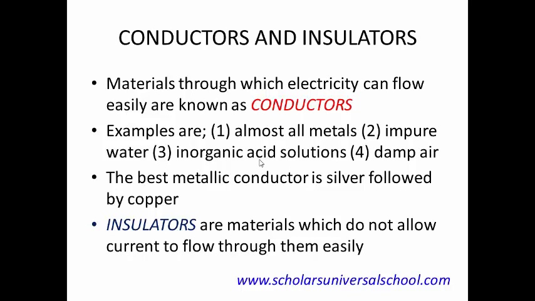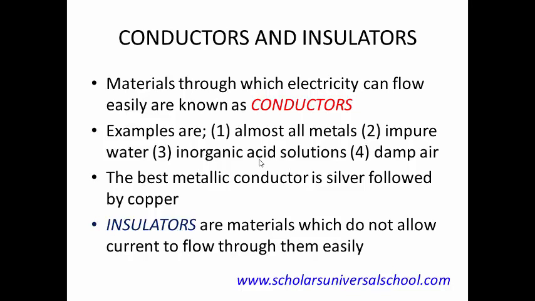Now, we'll be talking about what we call conductors and insulators. Conductors are materials which allow electricity to flow through them easily. They allow currents to flow through them easily. Examples are almost all metals and impure water, water that has impurities inside of it. Pure water would not conduct electricity. So impure water could contain a little bit of salt solution or maybe an acidic solution.